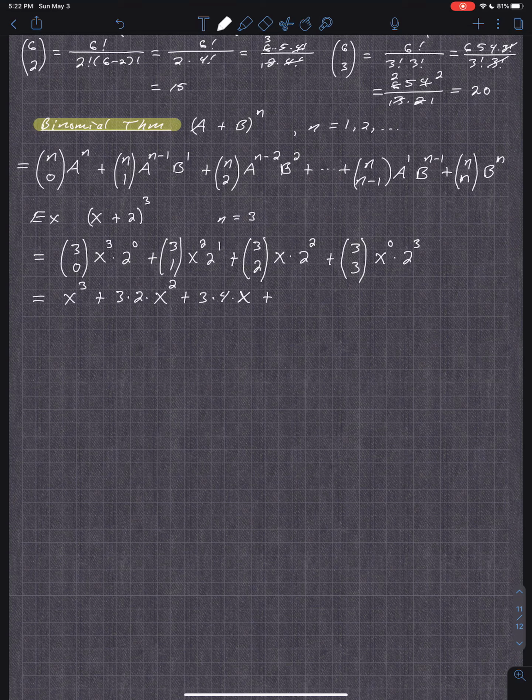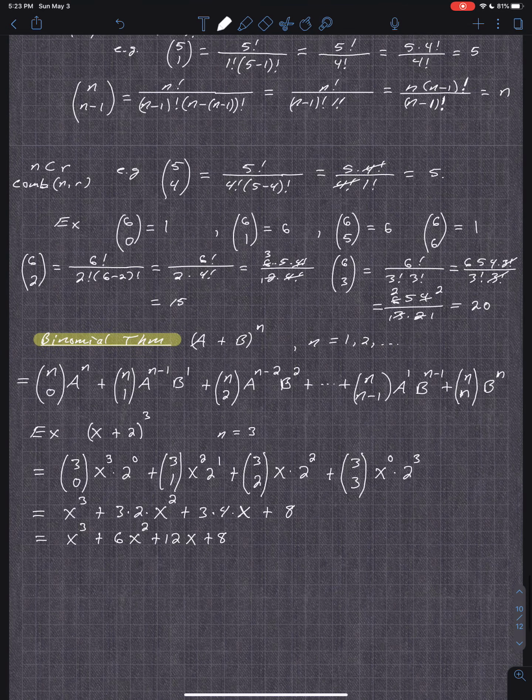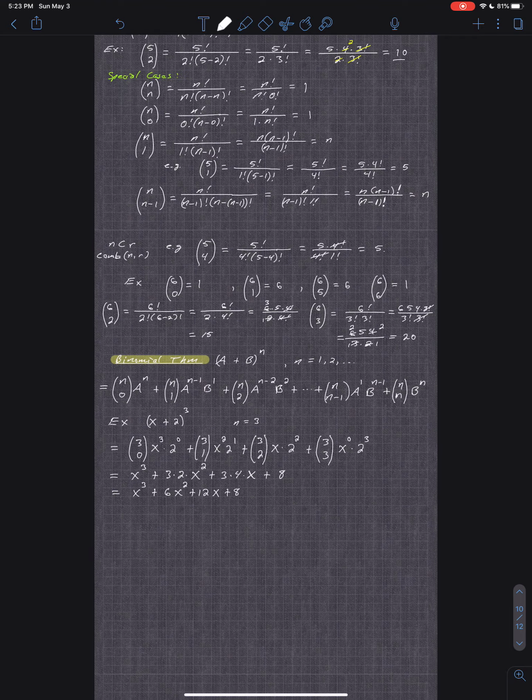And then plus 3 choose 3 is 1, times 2 cubed, so it's just 8. And then one more step to simplify, combine like terms. x cubed plus 6x squared plus 12x plus 8. So, is that the same as the other one?